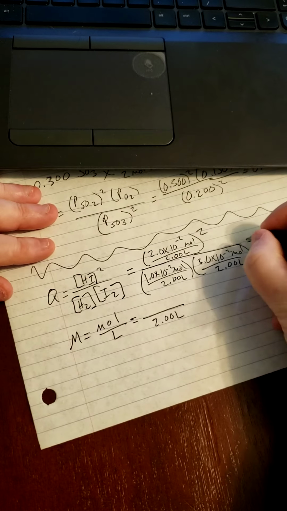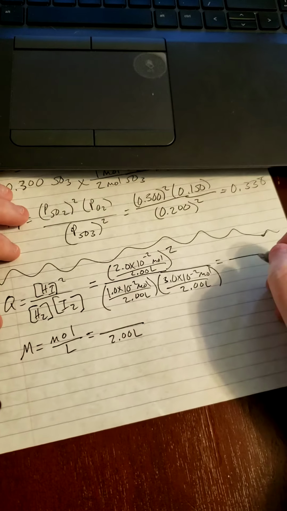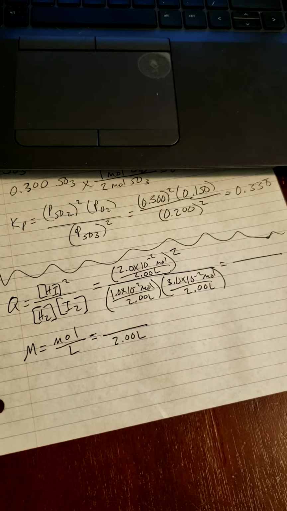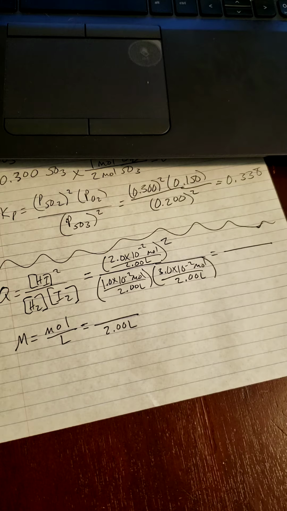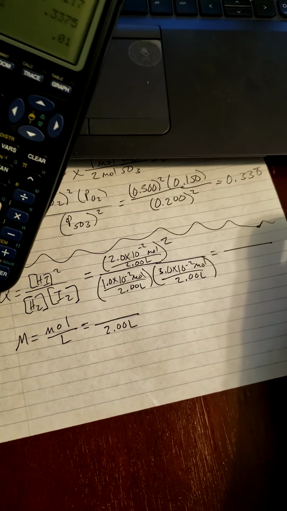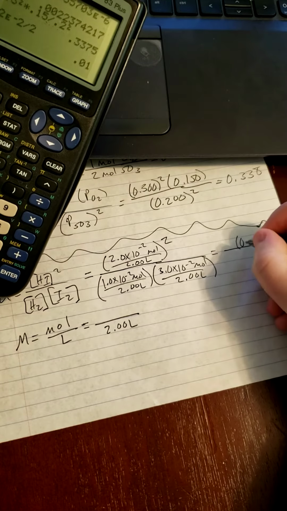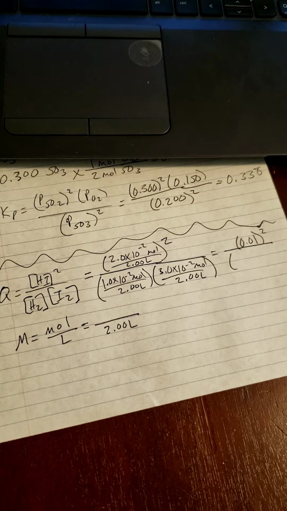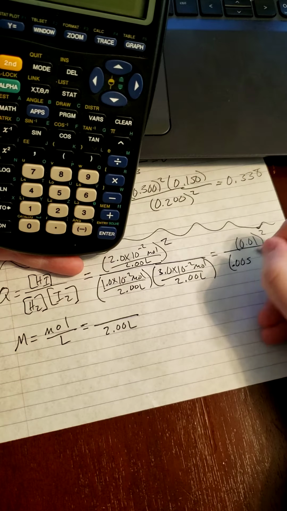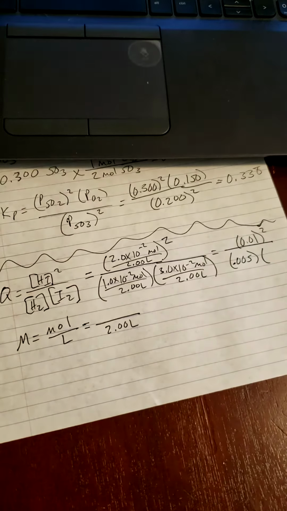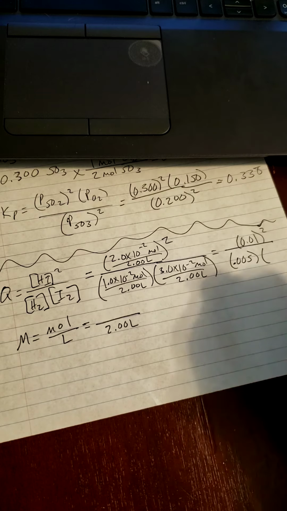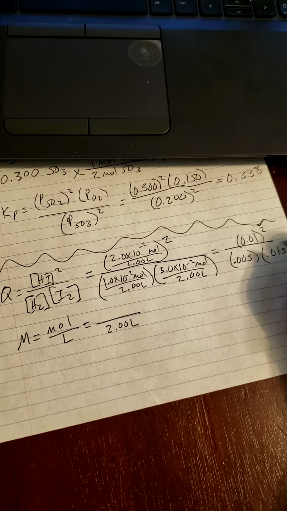You may want to do your concentrations first. So 2e to the negative 2 divided by 2, I get that this is 0.01, squared. Let's do the other ones. 1e to the negative 2 divided by 2 is 0.005. And 3e to the negative 2 divided by 2 is 0.015.